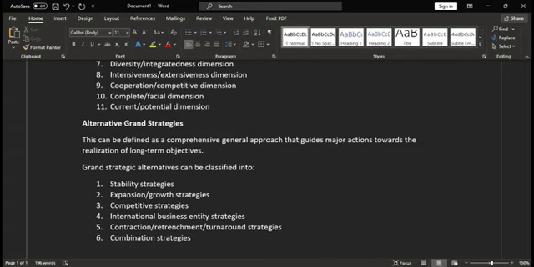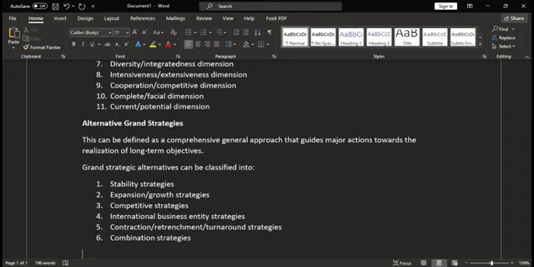It's adopted by an organization that desires incremental improvement of functional performance in all or any of its product market definition, either singly or collectively. Examples of such strategies include provision of special service to customers, provision of after-sales service, or modernization of plants to increase efficiency, productivity, and stability.